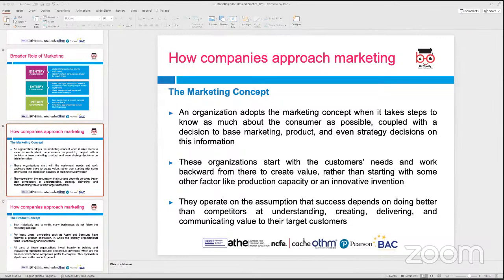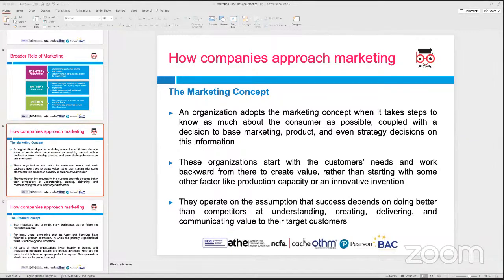So when we talk about the marketing concept, we are looking at, as a company, understanding what problems trouble customers, and what would help companies understand customers' requirements. With that understanding of their requirements, the company is able to tailor its communication in a way which sends the right messages across, and that would allow customers to buy those products and services.